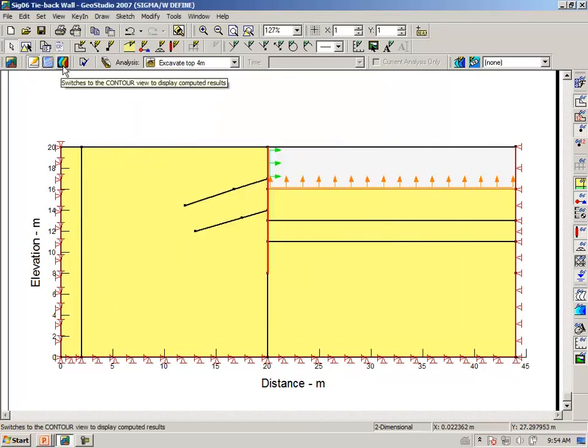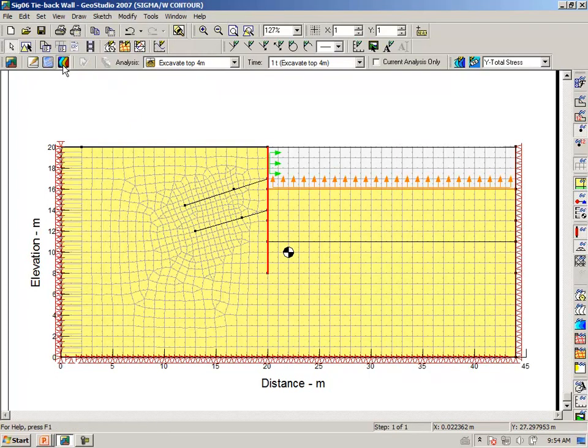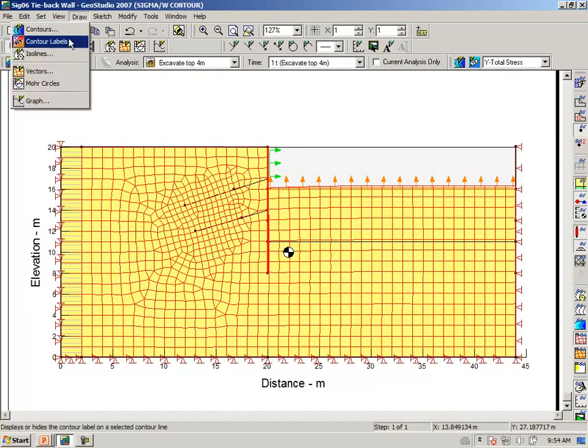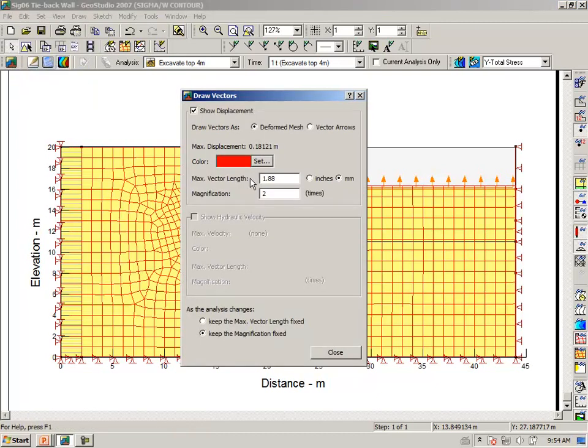Briefly looking at the results view, turning off the mesh, looking at our deformed mesh, we see a slight amount of rebound at the base of the excavation. We can exaggerate it more by saying draw vectors and keep the magnification the same.